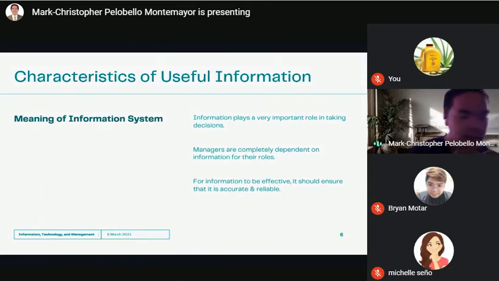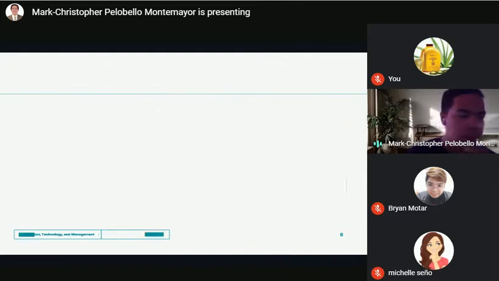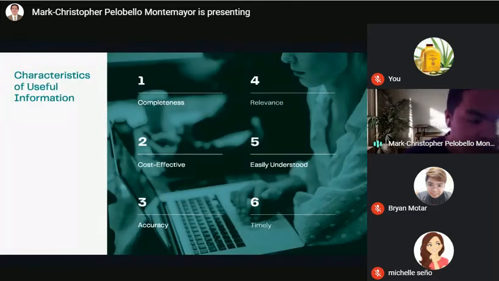Now let's go to some important characteristics of useful information, and it's going to be discussed as follows. Characteristics of useful information. Number one, we have completeness. In Filipino, kumpleto. Information should be complete in sense.